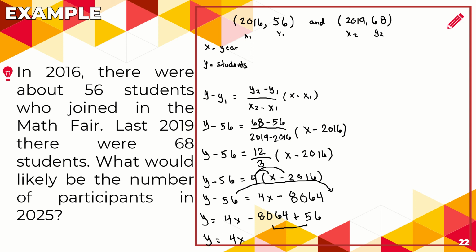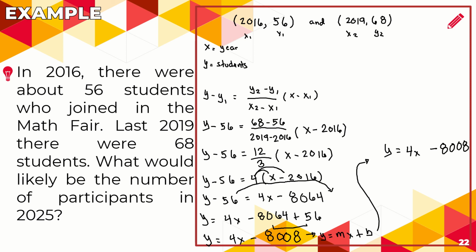So it is already written in the form of y equals mx plus b. Y equals 4x minus 8,008.